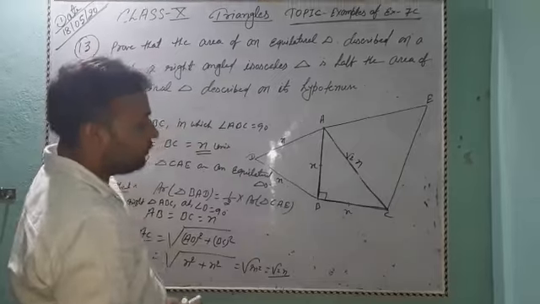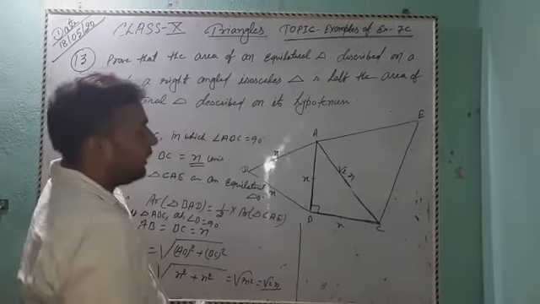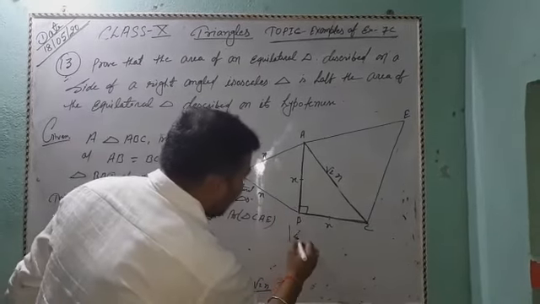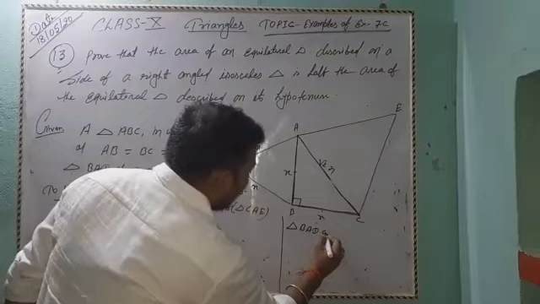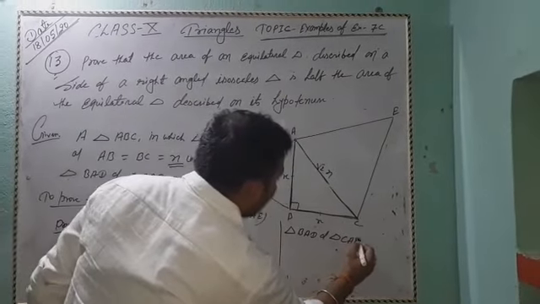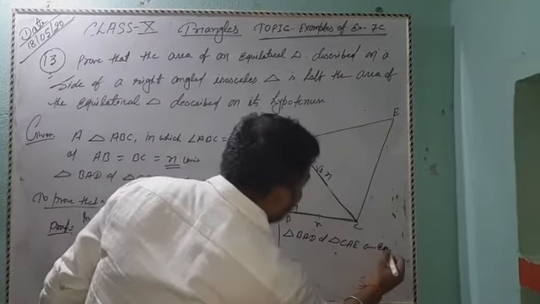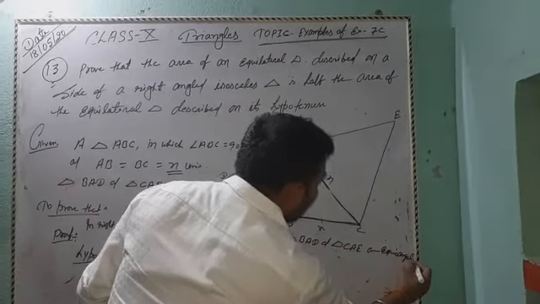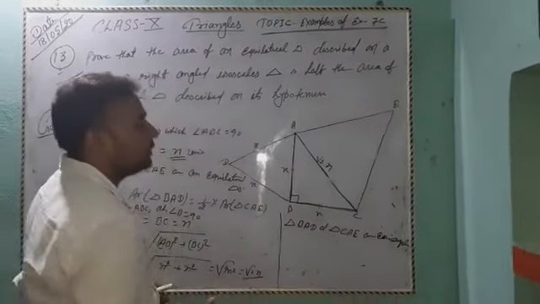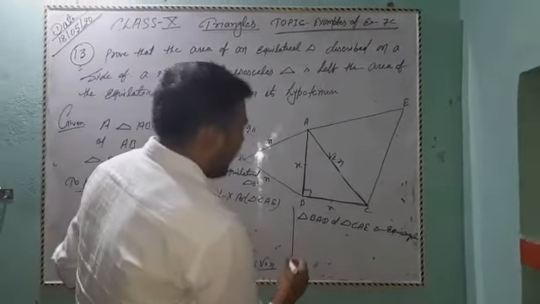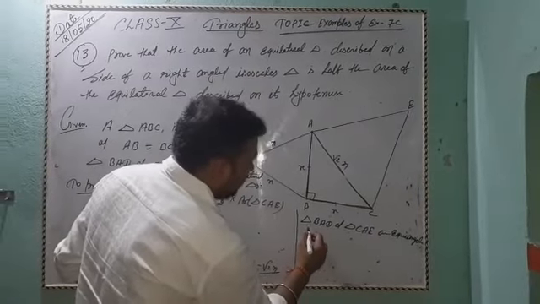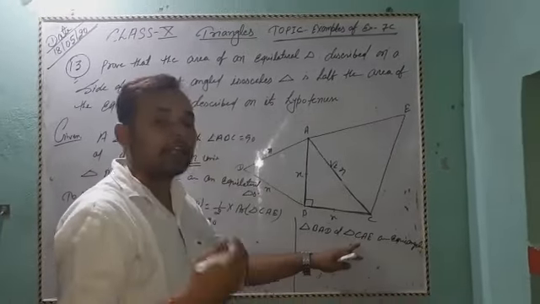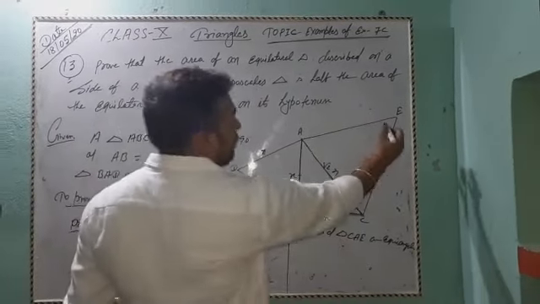Okay, so triangle BAD and triangle CAE are equiangular, because each angle is 60 degrees, since triangle BAD and CAE are equilateral triangles.